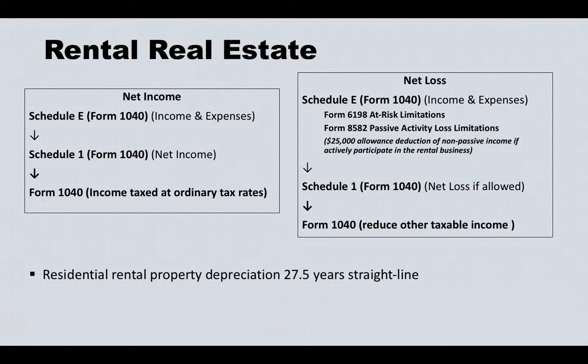I want to mention that when you do rental property, one or two units to rent out, you saw on Schedule E that you have expenses, and you have depreciation. You can take a depreciation expense.